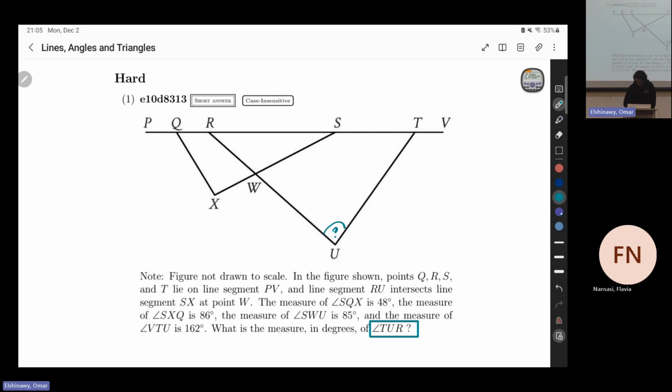And let's see what we have. We have a measure of the angle VTU, 162 degrees. We have SWU, 85 degrees.